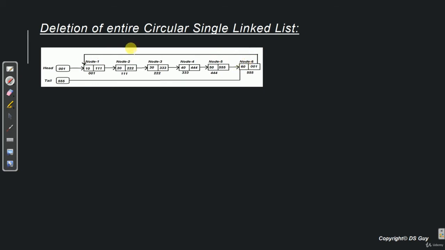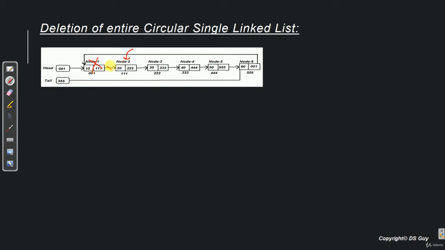Now you might be wondering how come node 2 gets deleted when it is already being pointed by 1, or how come node 4 gets deleted when it is being pointed by node 3? So the answer is very simple. Node 2 does not get deleted till the time node 1 is deleted. Once node 1 is deleted, then there is no more reference pointing to node 2.